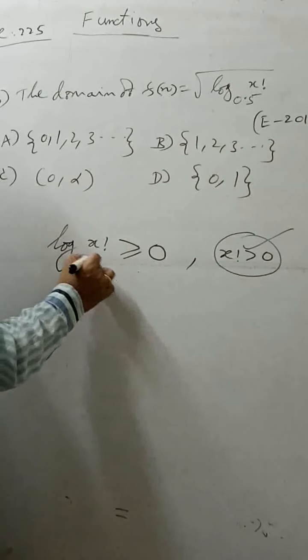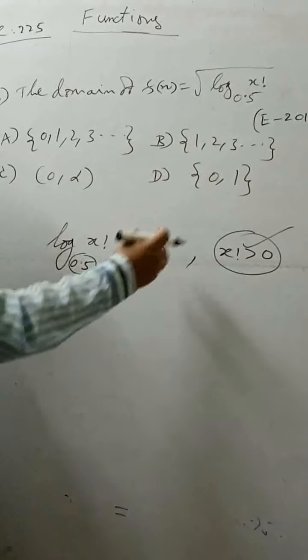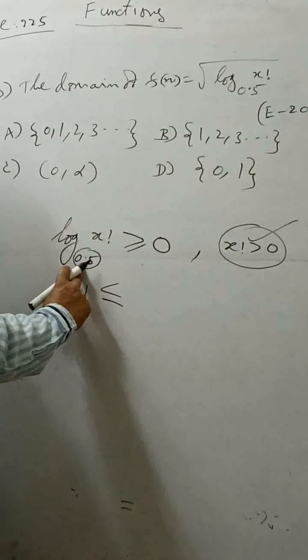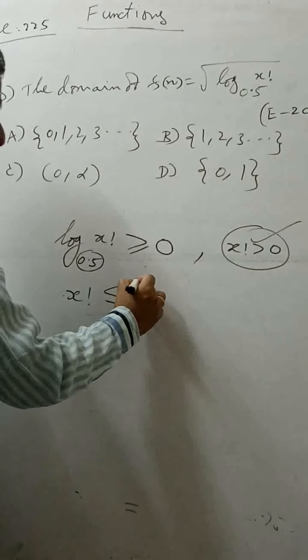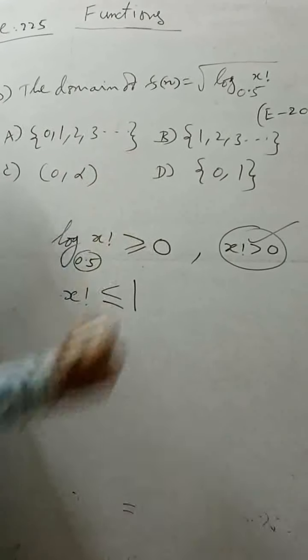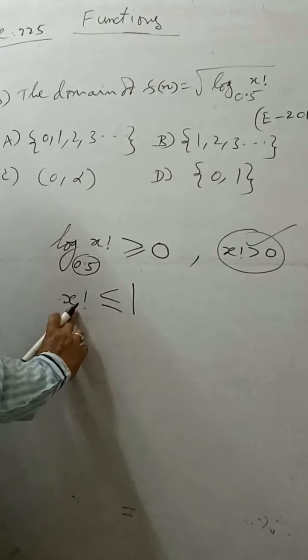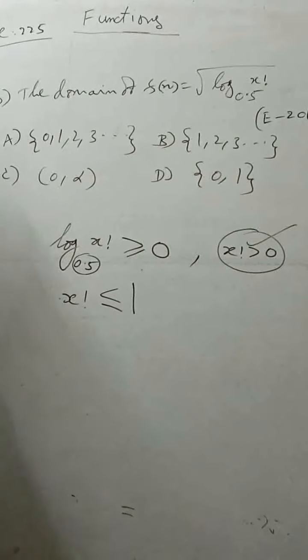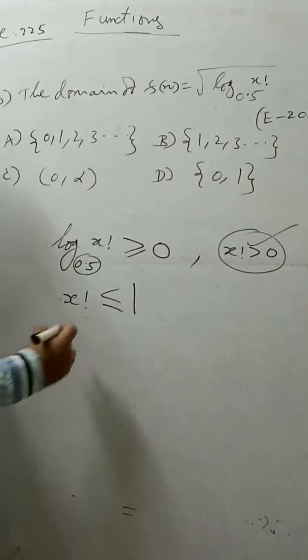Here base is lying between 0 and 1. Means inequality will change, I told. Means greater than becomes less than or equal to 0.5 power 0. 0.5 power 0 means 1. When is x factorial less than or equal to 1? It should be equal to 1. When does x factorial become 1? 0 factorial is equal to 1 and 1 factorial is also equal to 1.